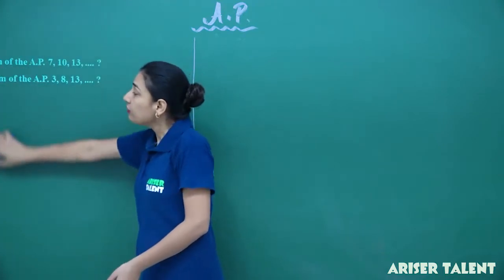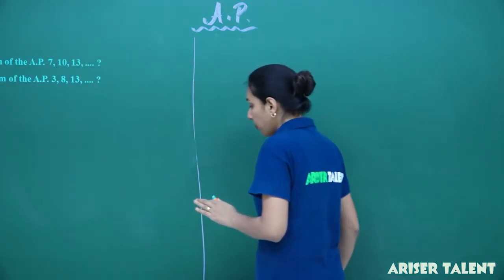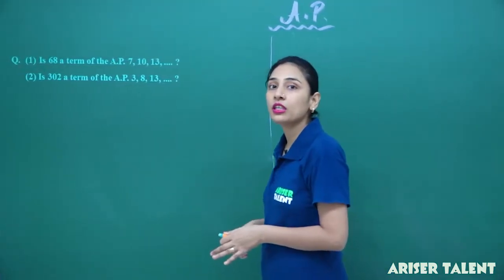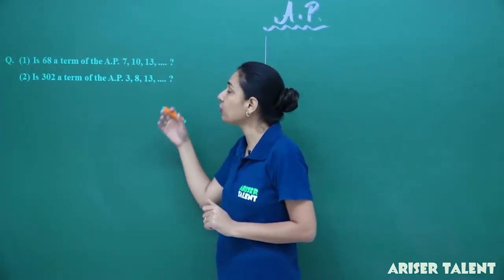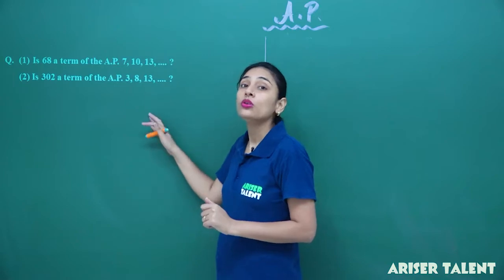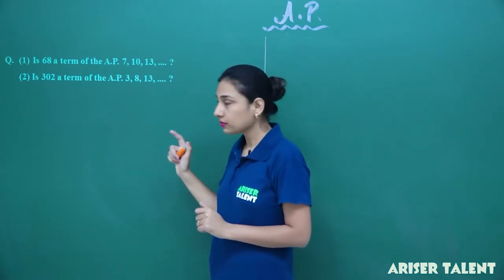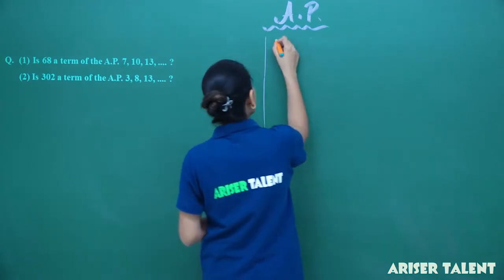Look now, the very small property that n belongs to the natural numbers is of great use in this question. If you don't know about that property, you are not able to solve this.